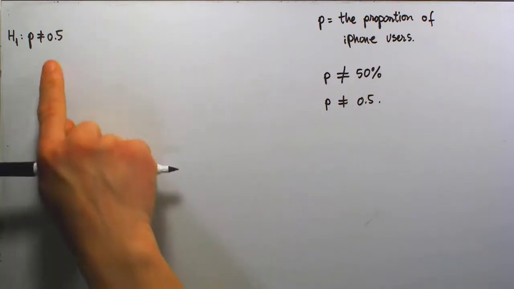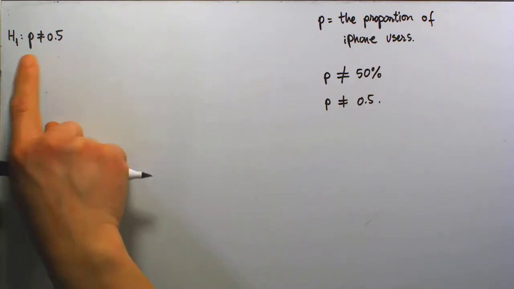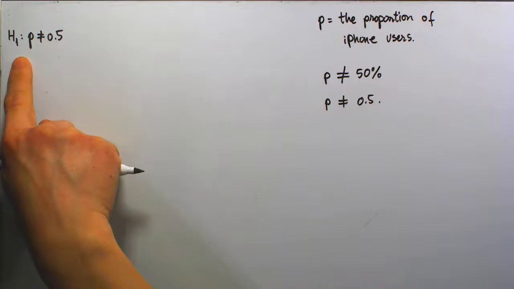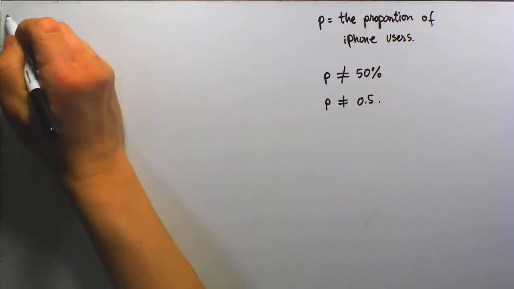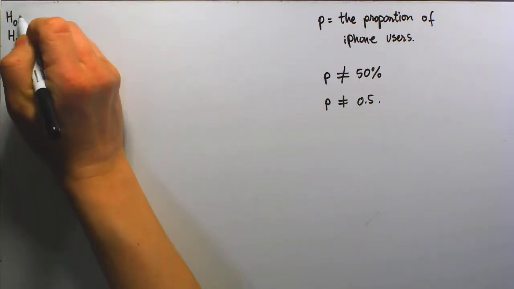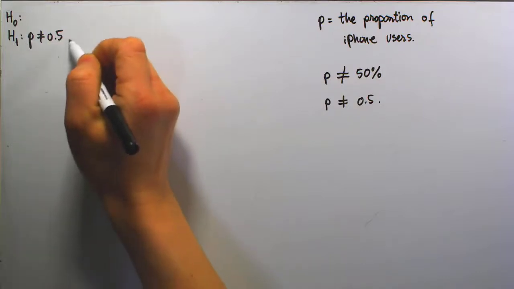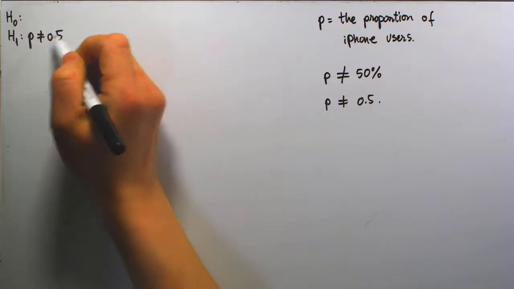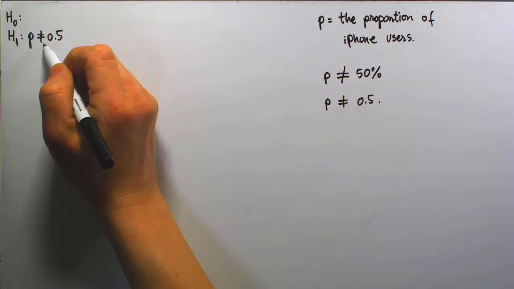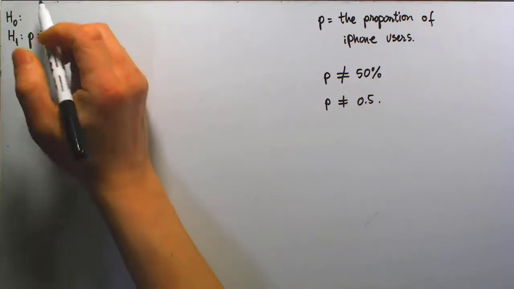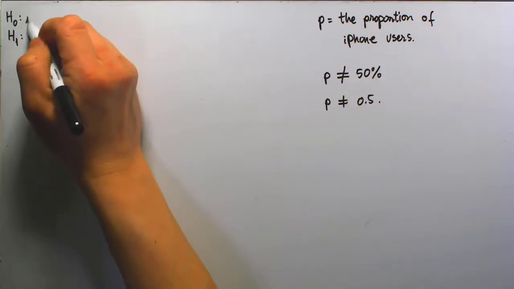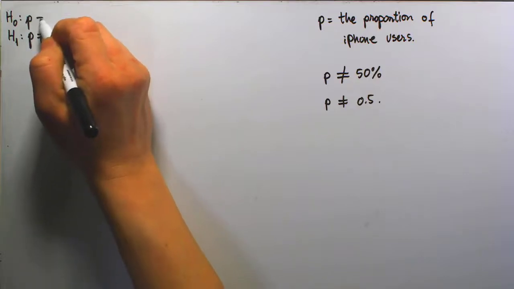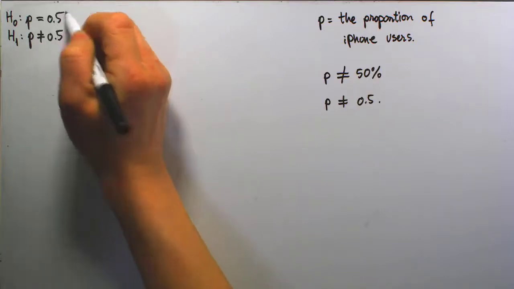And right from this point, upon successfully identifying the alternative hypothesis, we can now arrive easily at the null hypothesis, which is pretty much the same statement here, except we substitute the inequality symbol with the equal sign. So my null hypothesis is going to read P equals 0.5.